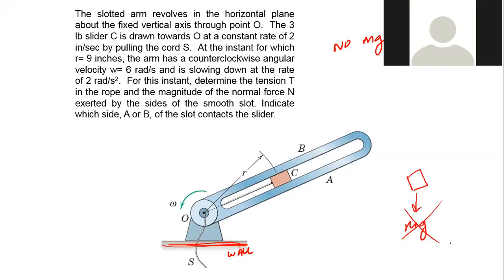You don't do that because it's in the horizontal plane and the mg is acting downward into the page, and the normal force from whatever's holding that thing up is acting upward. So in this case, N is equal to mg. Whereas if it was in the vertical plane, that would not be the case. So this is basically a top view then, correct? Exactly right. That's a great way to put it.